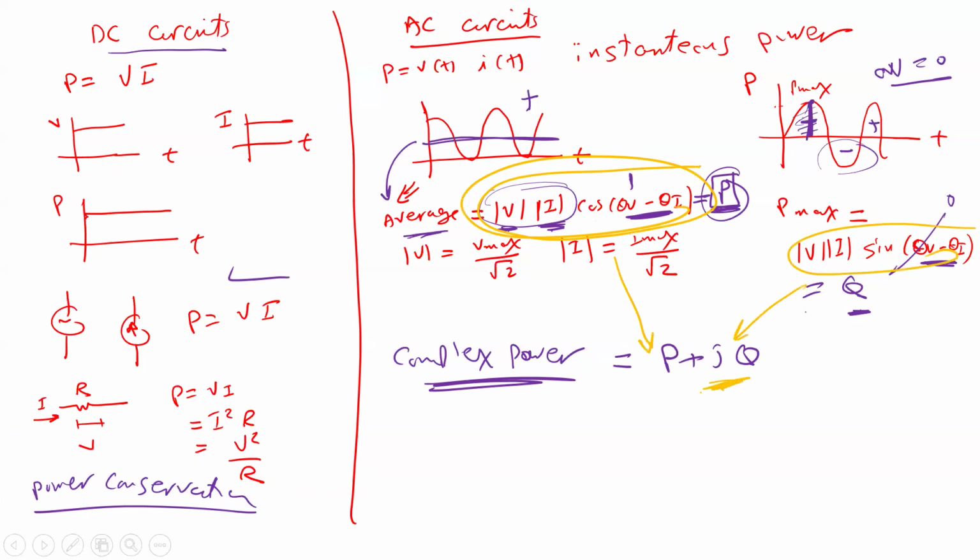Is that okay? So what I'm saying is, in the complex domain, after you calculate the complex power, I'm going to tell you how. I didn't tell you how yet, but there is a formula to do that. After you calculate the complex power, you will find the complex number you will get, the real part here, and the imaginary number here is actually Q. Whatever you get here in the complex domain, this is actually the average of the active power.